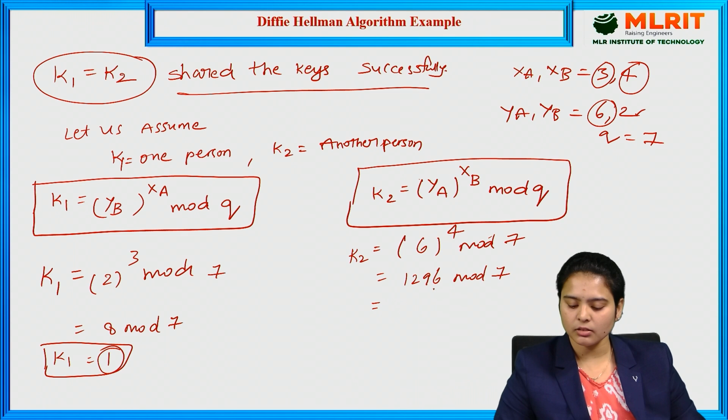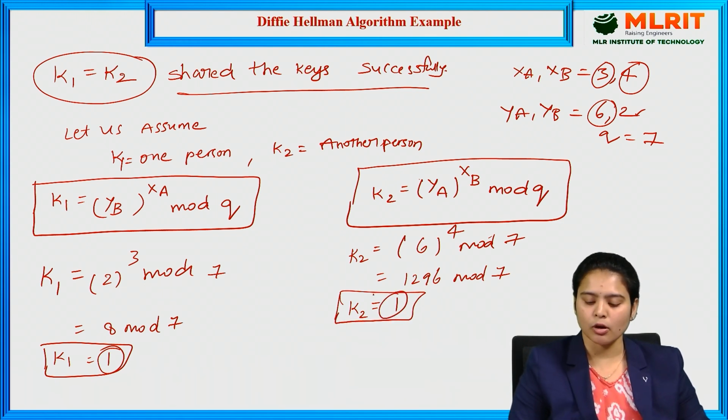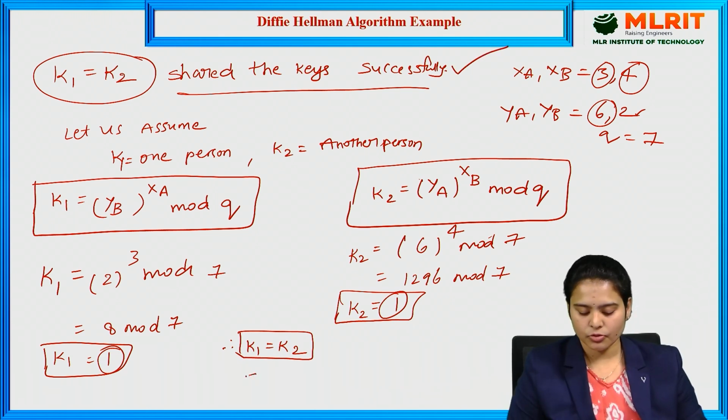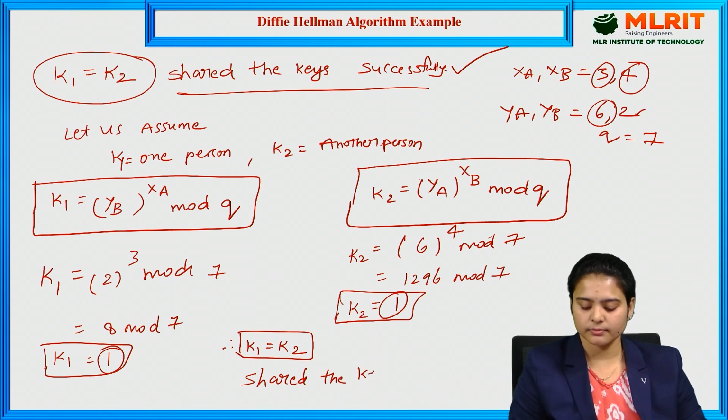By substituting 1296 mod 7, we get the value of 1. So K1 equals 1 and K2 is also 1. Therefore, K1 equals K2, which means the keys are shared successfully.